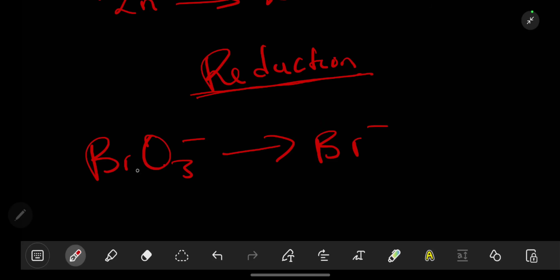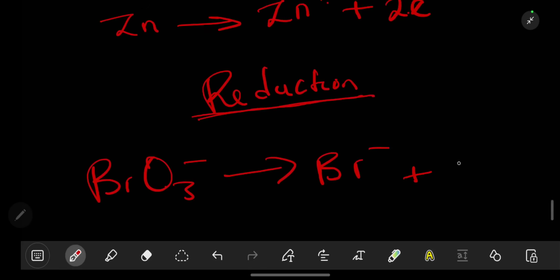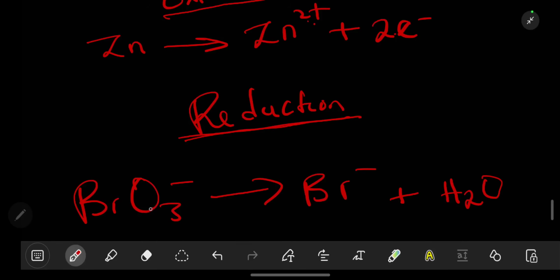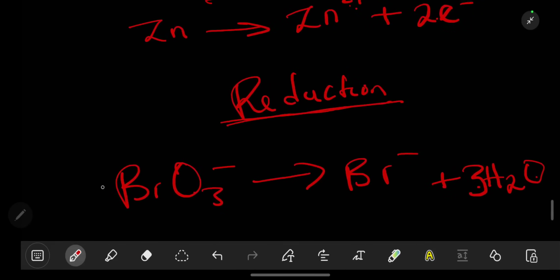So if here there is more oxygen than this side, we are going to add water, because water is ever present, they are occurring in water. So we add water that side, then balance the number of water molecules. If you have 3 oxygens this side, you are going to add 3 so that the oxygens can balance. Then since you have introduced hydrogens, there are 6 of them, 3 by 2 is 6, so you are going to add hydrogen ions which are ever present. How many? 6, because 3 times 2 is 6.